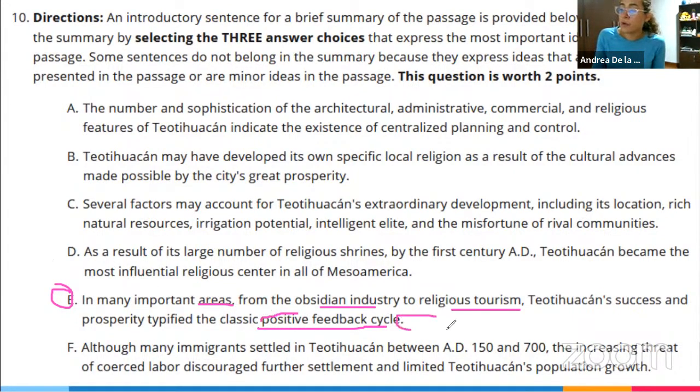So this is an idea from the conclusion, this is one from the introduction, and look at how all of them are very broad, very general. They don't focus on one specific thing like religion or population, but instead they talk about a bit of everything that was mentioned, right?